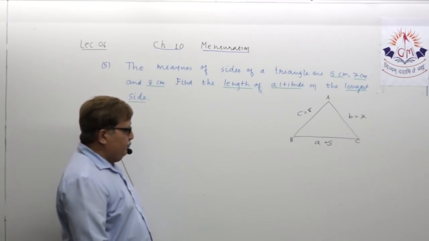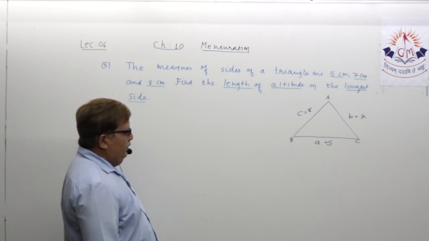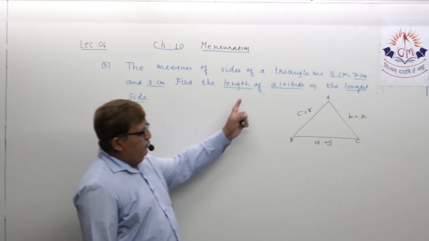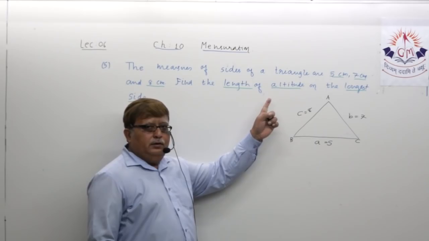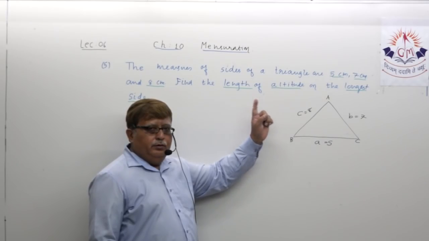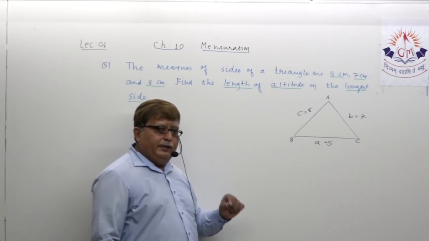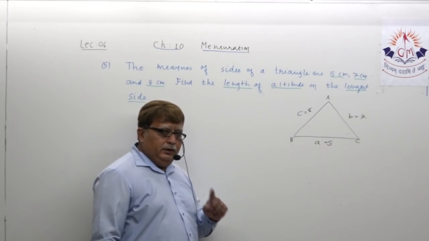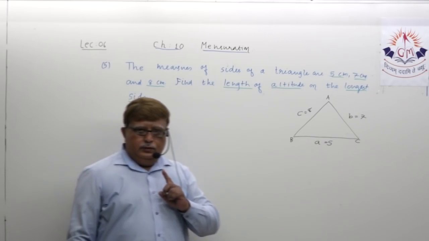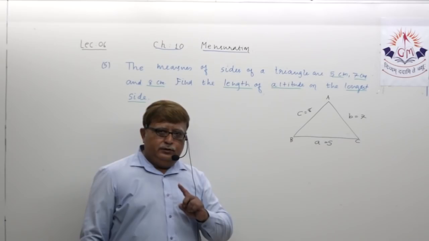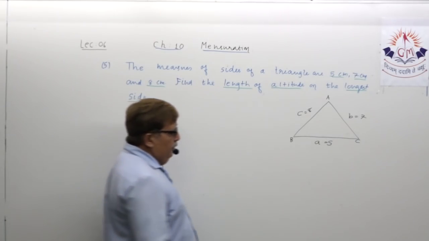Now, try to understand the basic question. Is this? Find the altitude on the longest side. That means, dear student, you have to find the length of the altitude which is resting on the longest side.